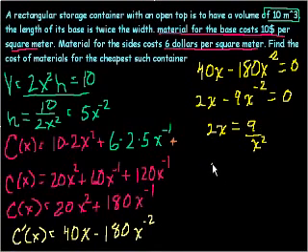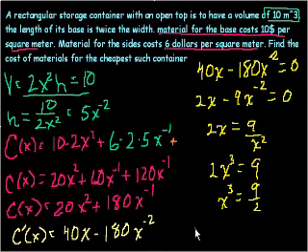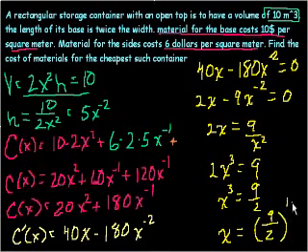And so you get 2x to the third is equal to 9, or x to the third is equal to 9 halves, or x is equal to the cube root, or we could just say 9 halves to the 1/3 power. It's 4.5 to the 1/3 power.